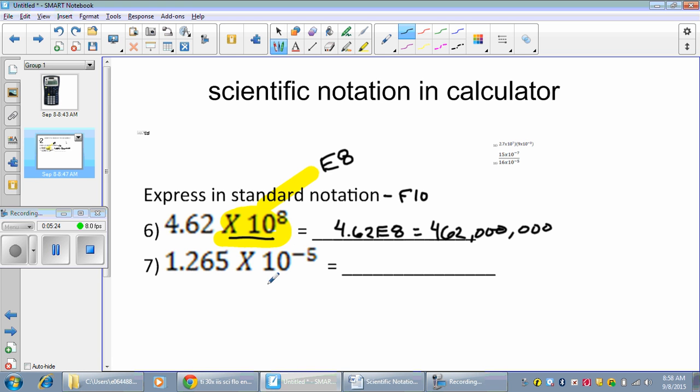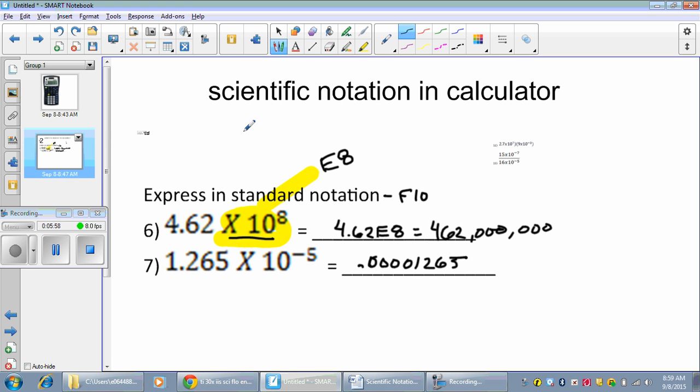I'm going to do this one really quickly, so just go ahead and try it on your own. 1.265 E negative 5, and we get a lot of zeros. 0.00004, then 1, 2, 6, 5.